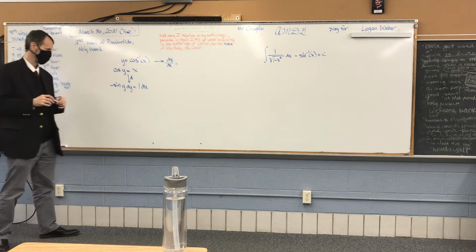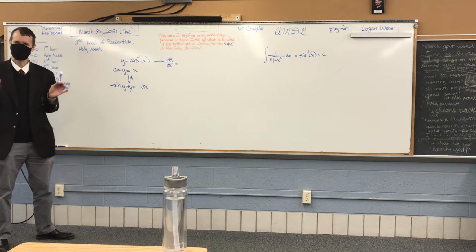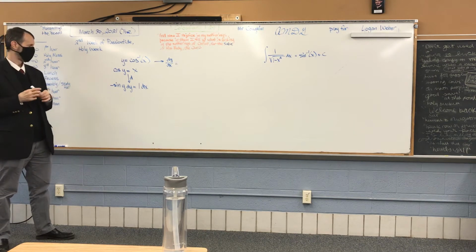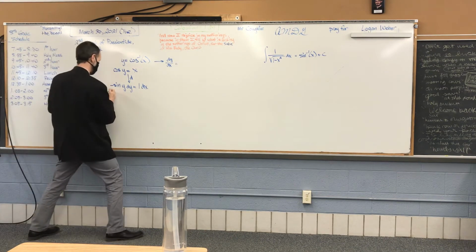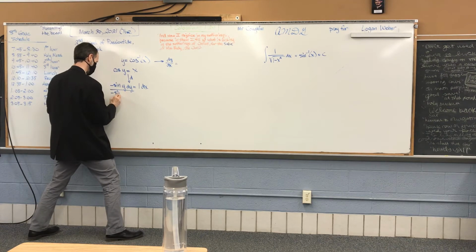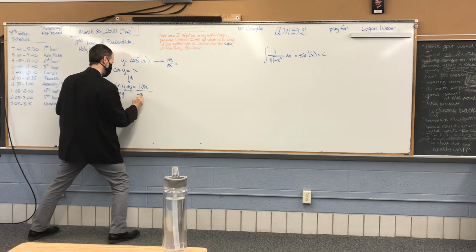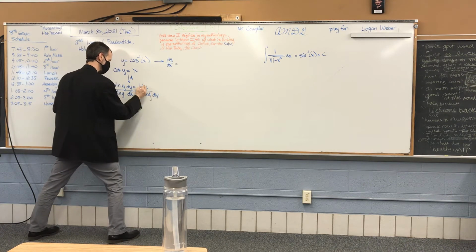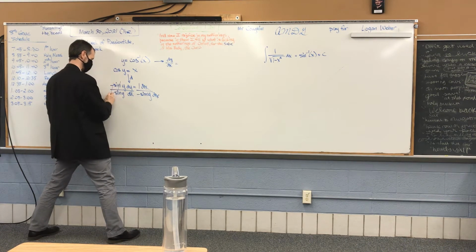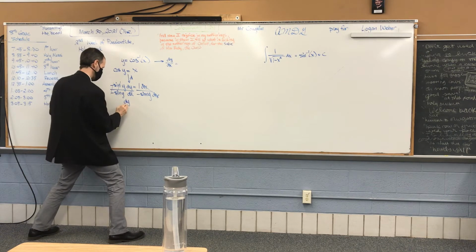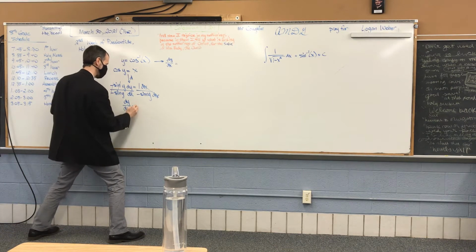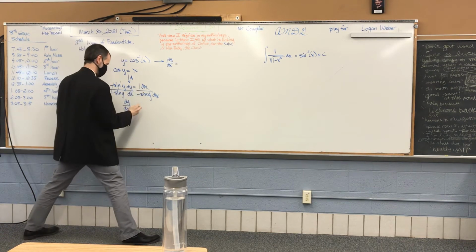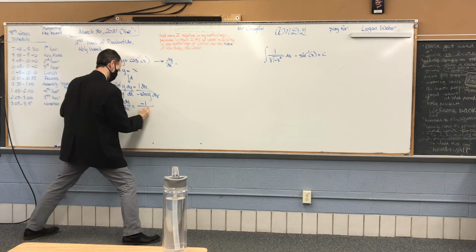I want dy over dx, so divide by negative sine of y, and divide by dx. These will cancel, and these will cancel, and the negatives cancel. So dy over dx equals, if I put the negative on top, negative 1 over sine y.